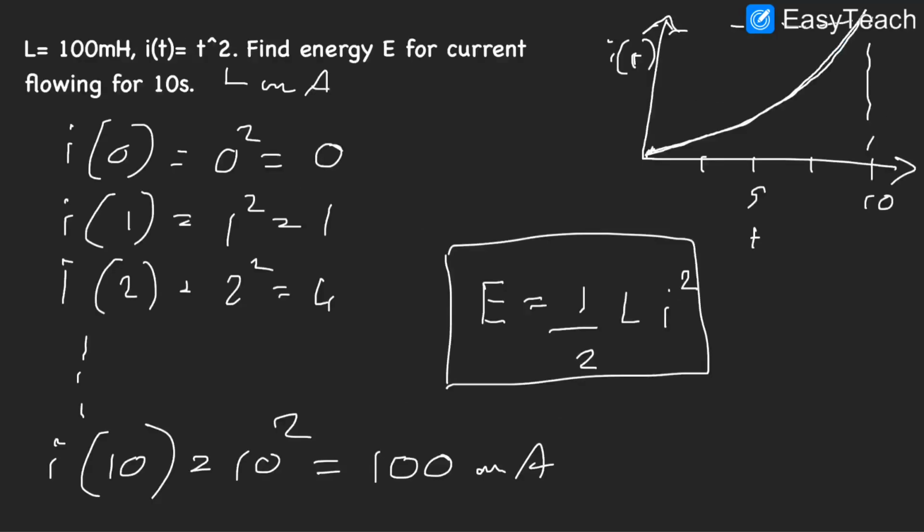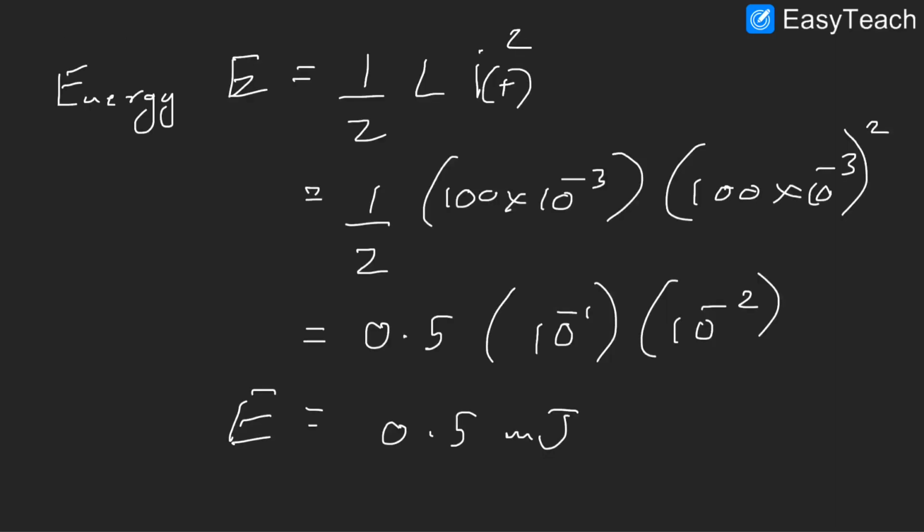In my next problem, we were asked to find the energy, because inductors also contain energy. This energy is E equals half times inductance times the current squared. My current at the end of 10 seconds was 100 milliamperes, and it was an exponential growth. Because of that, we were able to just plug in the values and find it was 0.5 millijoules.